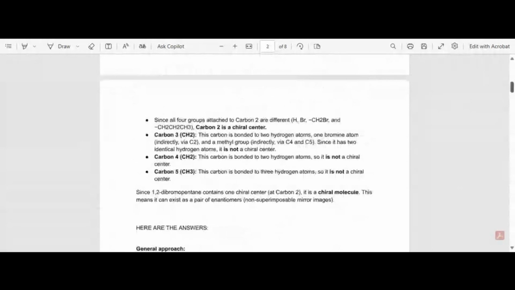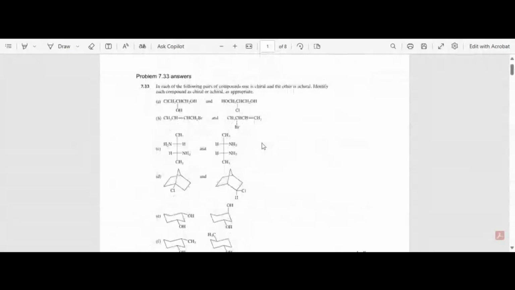In B, both molecules are achiral, meaning in the first one, you have to go to the CH. The CH has the Br, it has 2 H's on it. So that rules that out immediately because it has 2 H's on it. Then in the one to the right, you have to go to the carbon that has the Br on it.